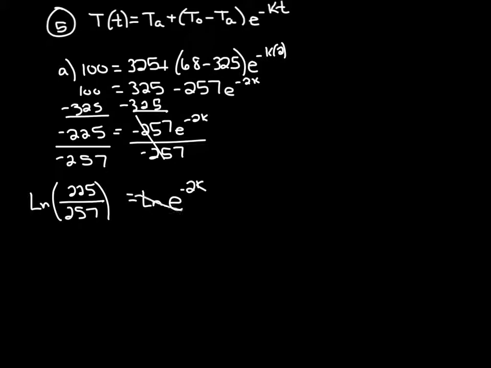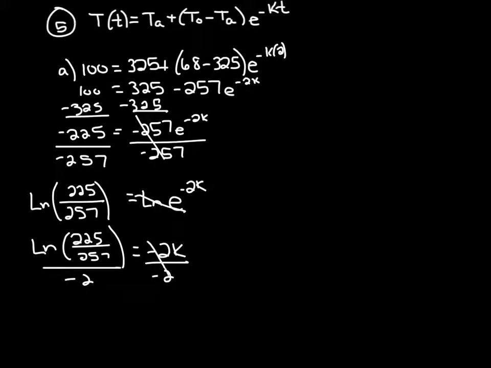So the ln and the e cancel each other off, so we're left with the left-hand side of the equation being equal to negative 2k. And to finish this off, just divide both sides by negative 2. And they ask you to round to the nearest thousandth. So we get k equals 0.066.